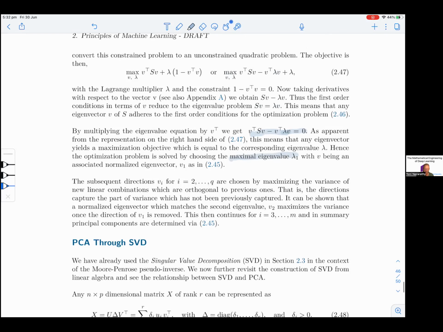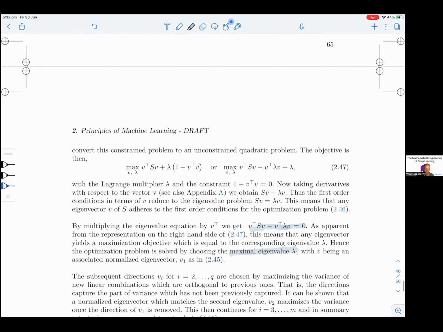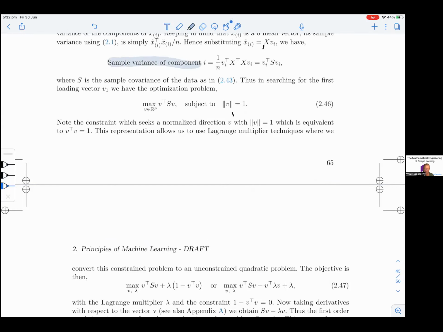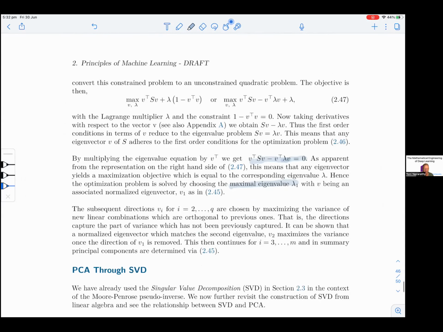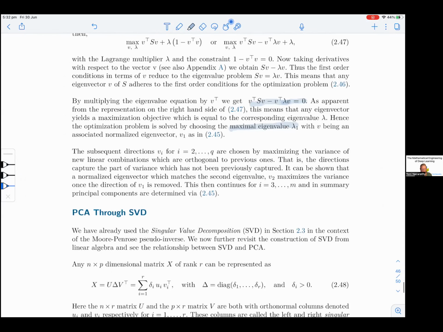The motivation here was that the sample variance of component I is maximized. The subsequent directions, VI for I being 2 to M, are chosen by maximizing the variance of the new linear combinations, which are orthogonal to previous ones.